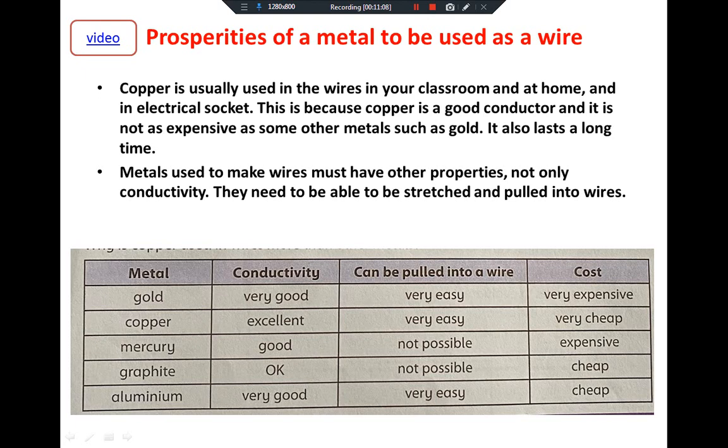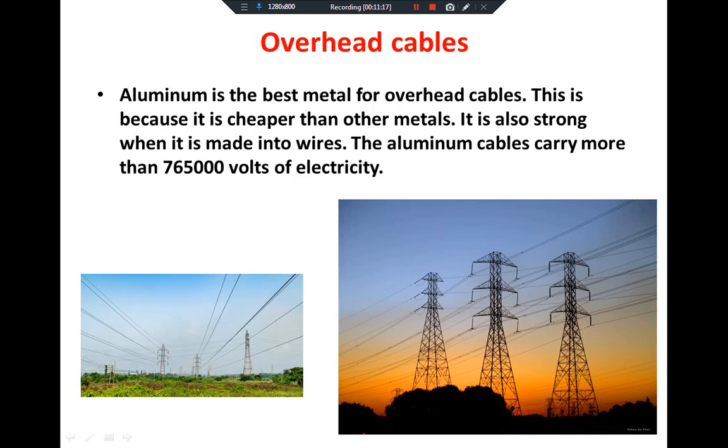Aluminium is a very good metal, and it can be stretched very easily, and it's cheap. That's why aluminium is the best metal for overhead cables. If you are wondering what an overhead cable is, this is a type of cable that's used in order to send electrical current from the source of the power, the source of the electricity, to our houses.